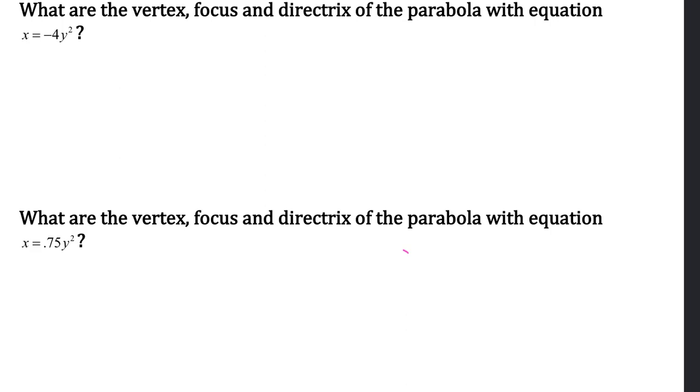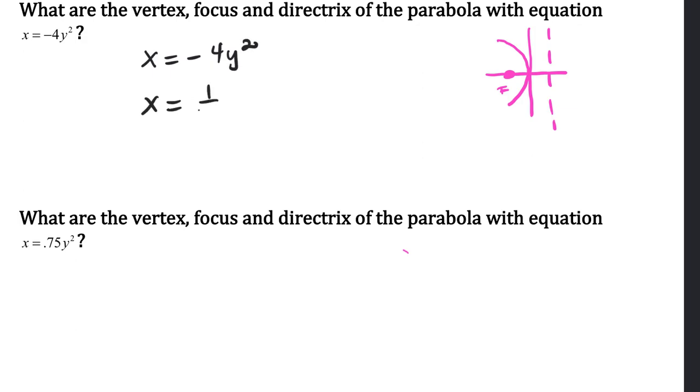What are the vertex, the focus, and the directrix of a parabola with the equation x equals negative 4y squared? If I graph this, since it's negative, it's going to open towards the left. This right here will be the focus, and this will be the directrix. I'm going to write down x equals negative 4y squared, and we know the formula x equals 1 over 4c times y squared.